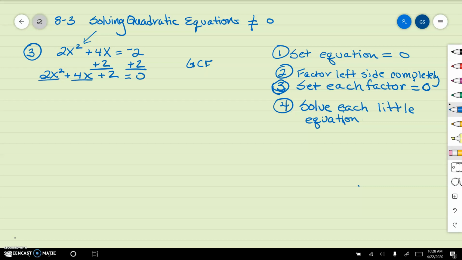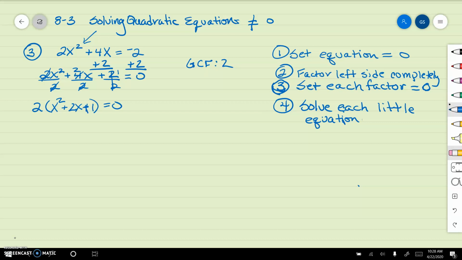That means everything's divisible by 2, meaning my GCF is a 2. And a 2 goes on the outside of a set of parentheses. What's left over after I do the division is x squared plus 2x plus 1.